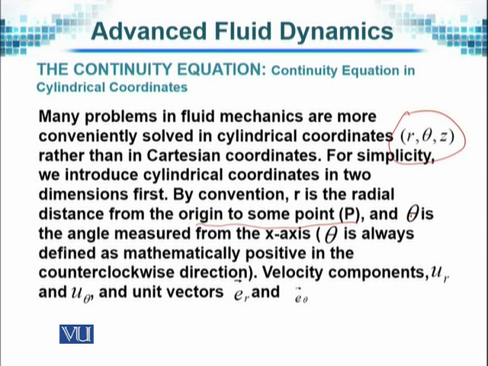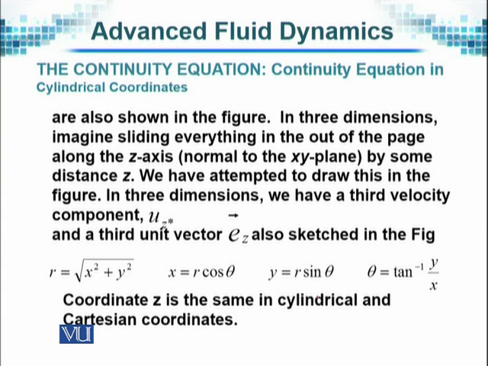So theta is considered positive in the anti-clockwise direction. e_r is a unit vector in the radial direction, e_theta is a unit vector in the theta or angular direction, and likewise e_z is a unit vector in the z direction.